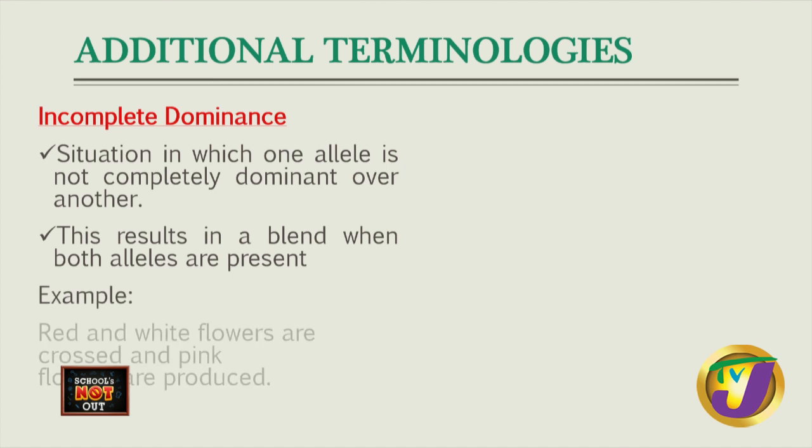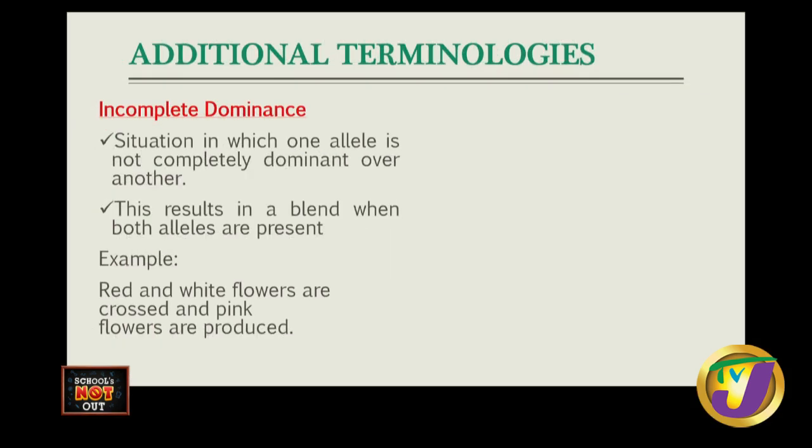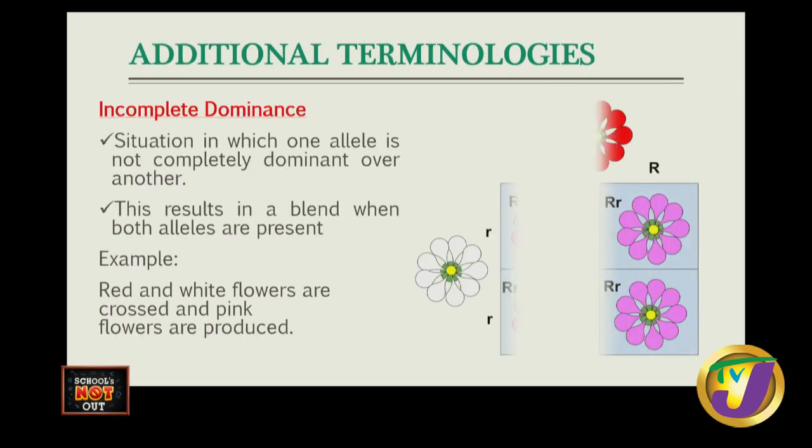So, if we have a red and a white flower and we say that they are incompletely dominant, remember what we said with dominance. With dominance, one would show and the next would only show in the recessive. With incomplete dominance, it's a case where it results in a blend when both alleles, what we would have termed as a dominant and what we now term as a recessive, are present.